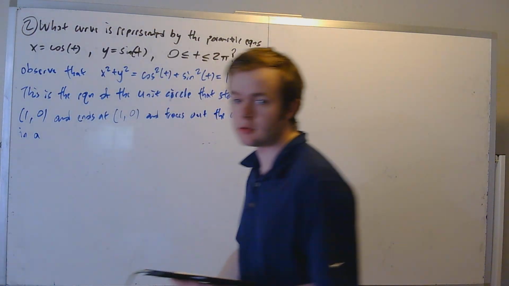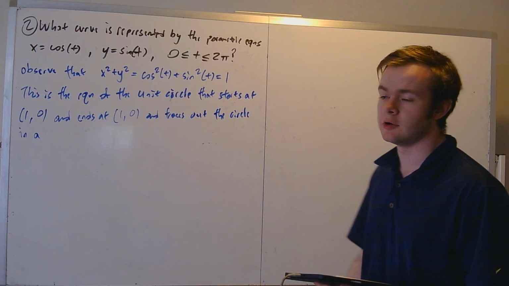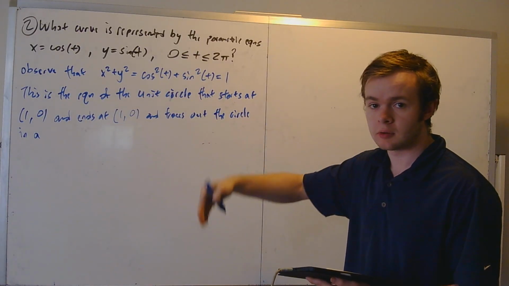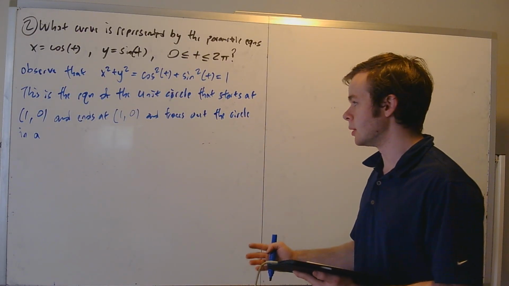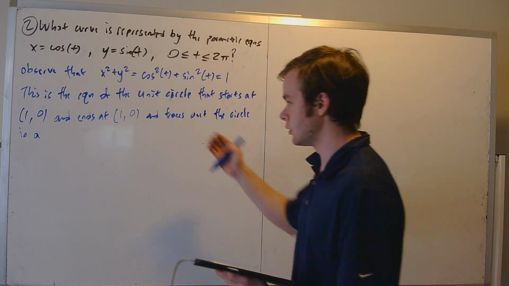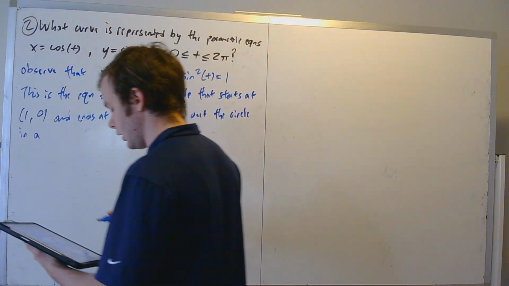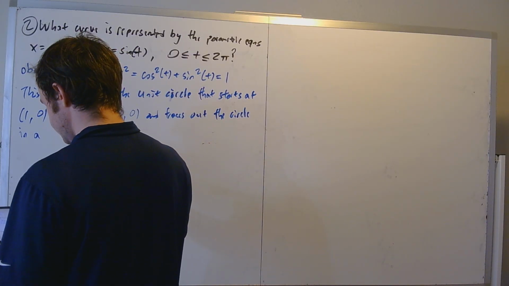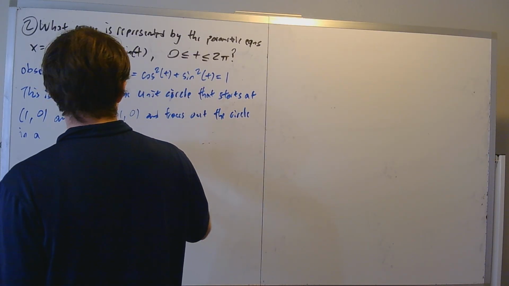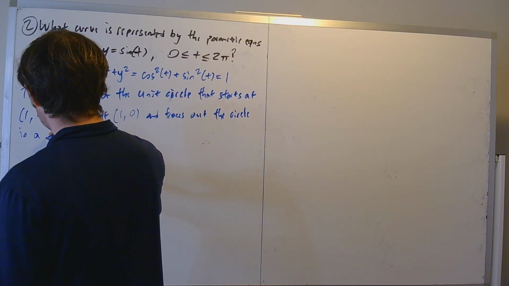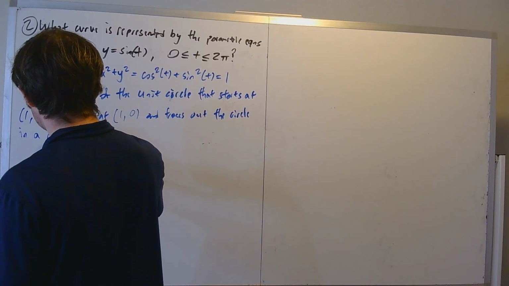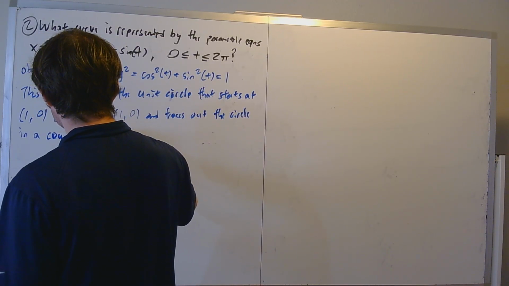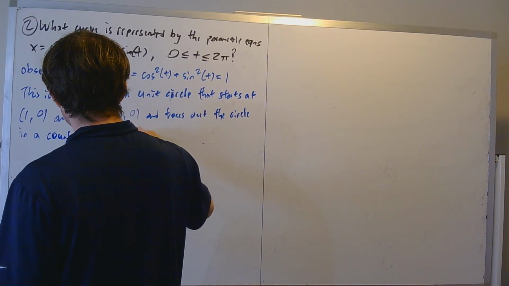So you can think about whether it would be clockwise or counterclockwise, but remember with our angles, as the angle increases, we're going counterclockwise. Remember, if you remember the unit circle, we're going counterclockwise as the angle increases. So it traces out the circle in a counterclockwise direction.